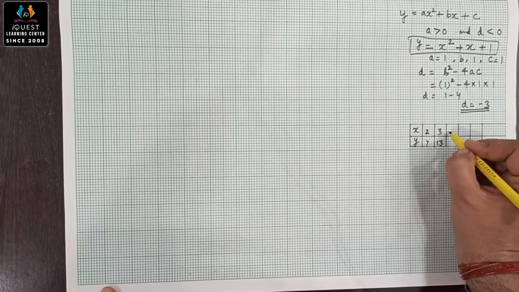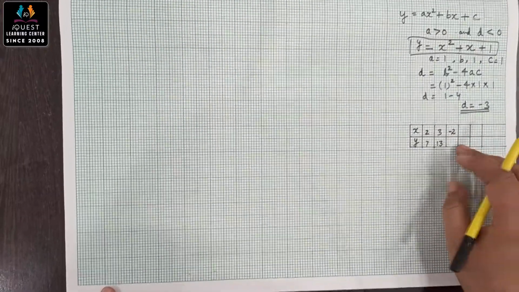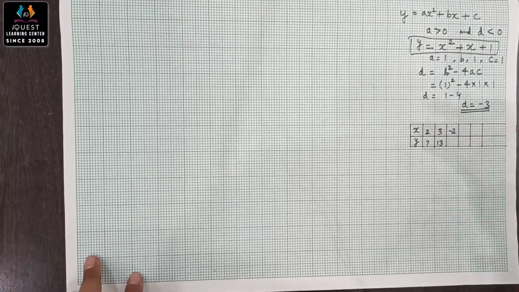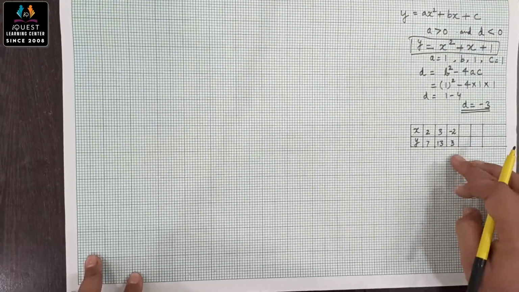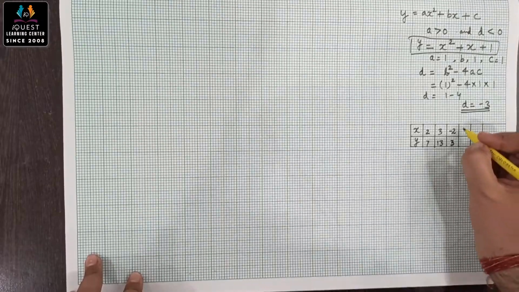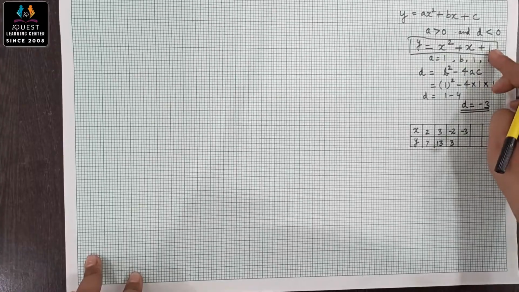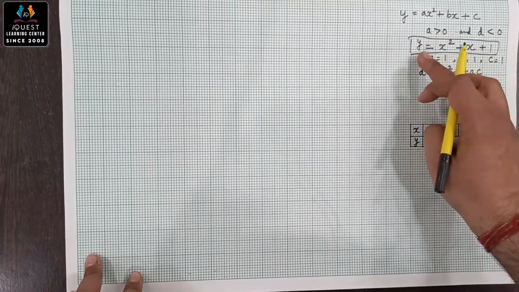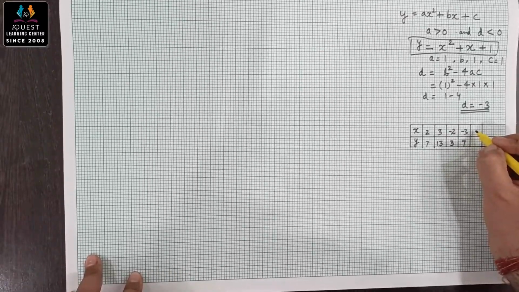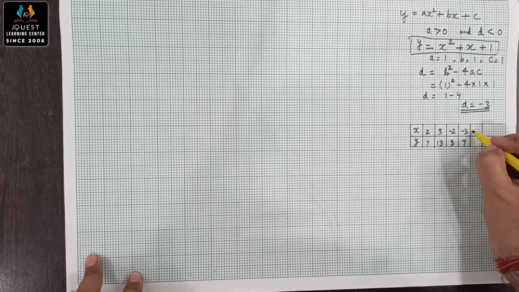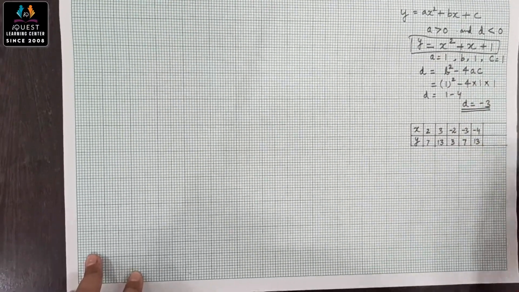Similarly, when we substitute x is equal to minus 2, I am choosing random values, you can choose any values to draw the graph, you will get y is equal to 3. When we choose x is equal to minus 3 and substitute in this equation, you will get y is equal to 7. And for x is equal to minus 4, you will get the value of 13.